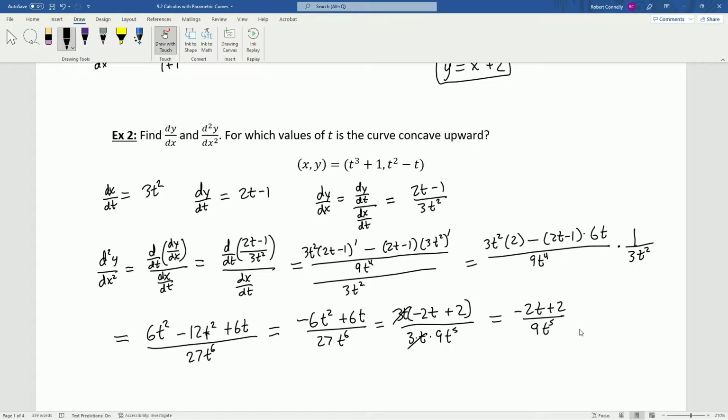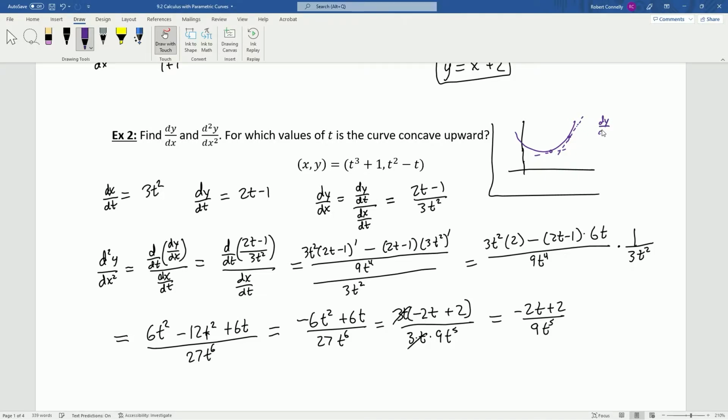Okay, so now let's try to answer this final question here. For which values of t is the curve concave upwards? So let's just think back a little bit to some calculus 1 here. We've got a curve that's concave upwards, so what does that mean? That means that the derivatives are increasing.